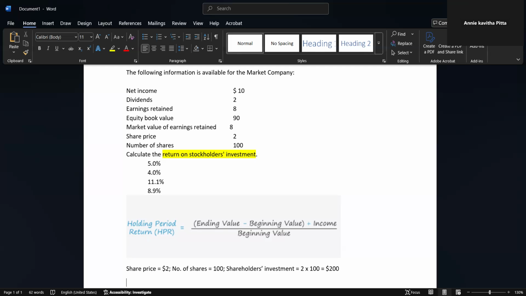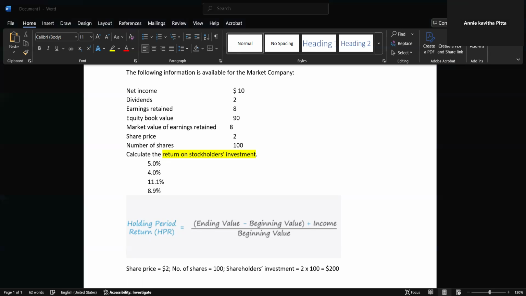Dividend is one value, and another value is the market value of earnings retained, which is given as $8. So now the dividend income is $2 and the market value is $8.